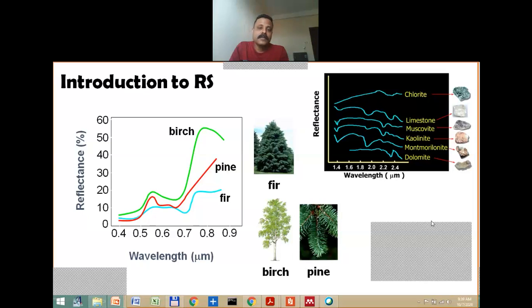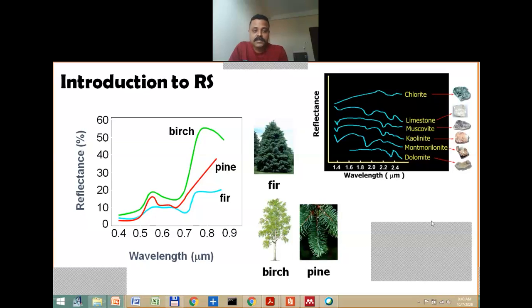Now, let us consider various kinds of trees or leaves. In this example, we are considering three different kinds of trees. Someone from botany may find it easy to understand these: birch, pine, and fir.